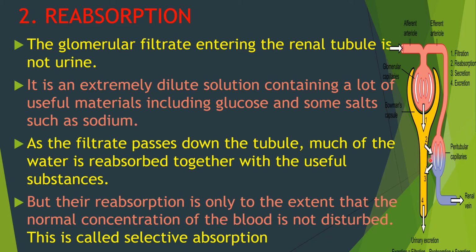All of you know that blood has a specific concentration. To attain that specific concentration, reabsorption will continue, and after that it will stop. To maintain the specific concentration of blood, this reabsorption occurs. That is called selective reabsorption.